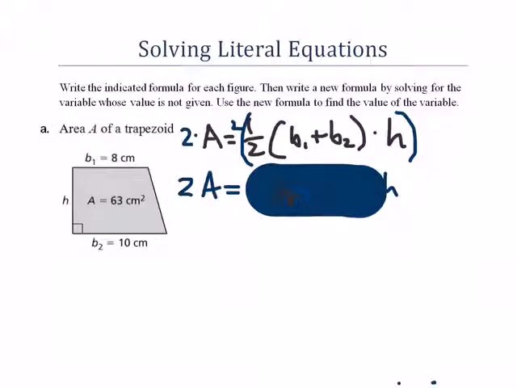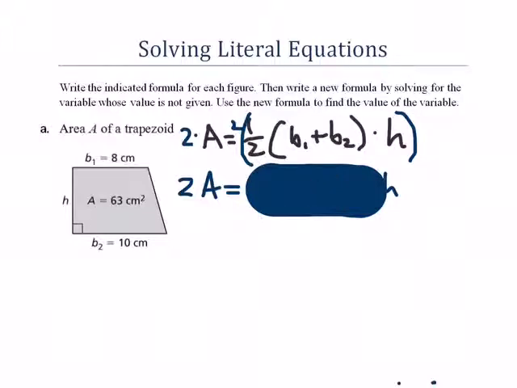So if this was like 5 times h or something like that, then we would divide both sides by 5, right? If we had whatever number here times h, we're going to divide by that number.